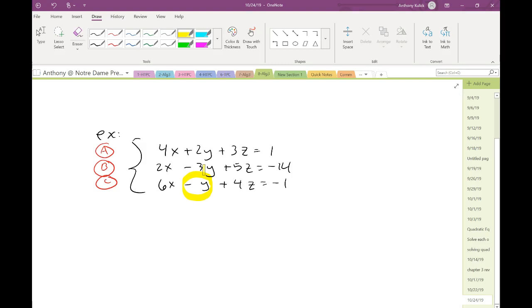If, for instance, you have a problem where there is no variable whose leading coefficient is 1, the next thing I would look for is a situation like the x's, where all of the x's are divisible by, in this case, one of the coefficients, 2. That would be the next best situation. If that doesn't happen, then it doesn't really matter which variable you choose to eliminate first.